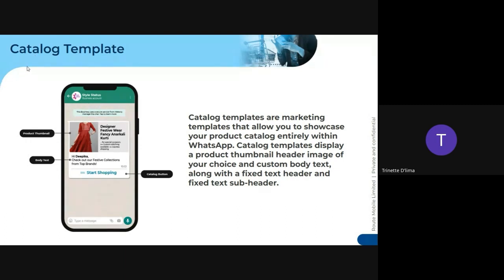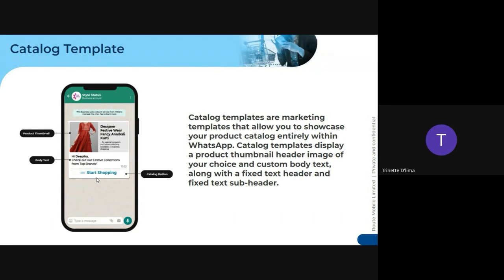Now, there are two types of catalog templates. One is where you can send it as a button, and if you click on start shopping, the whole catalog that has been uploaded into your feed can be viewed within WhatsApp. The other type is when you send a particular product.